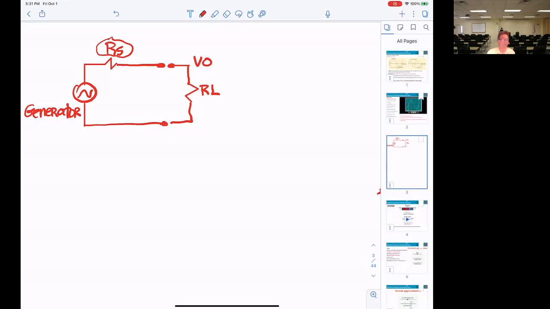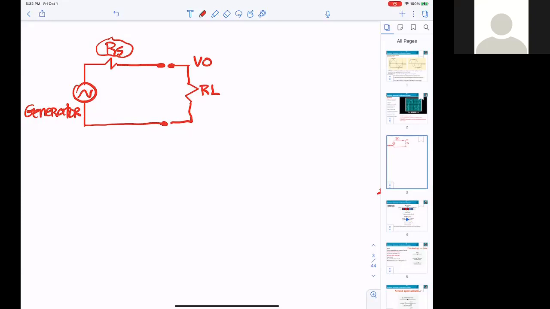I want to know normally how many ohms. 50. Who knows the output resistance of the generator? 50 ohms.